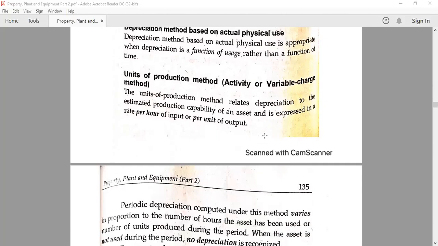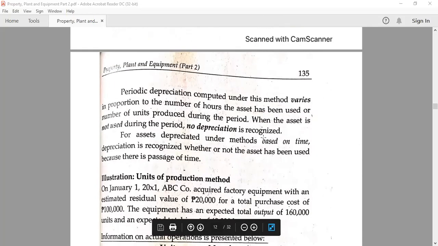In this case, we compute the depreciation rate per hour for the working hours or service hours method, and per unit of output for the units of production method. If the asset is not used, so 0 production, 0 output, 0 working hour, therefore the depreciation charge is also 0.